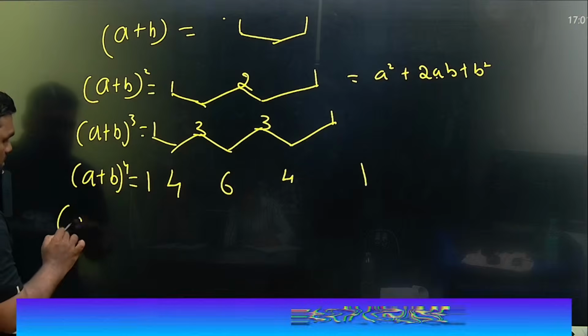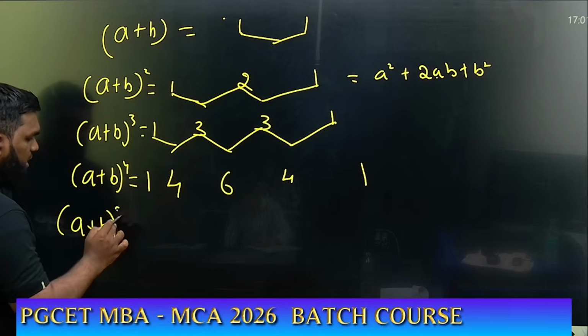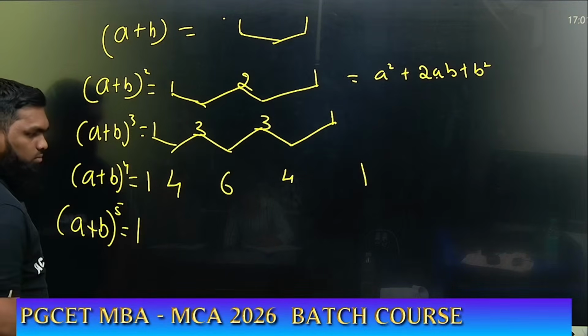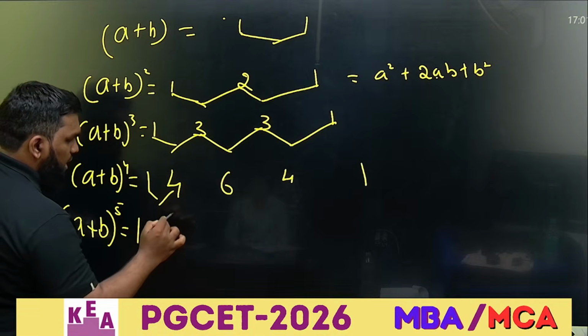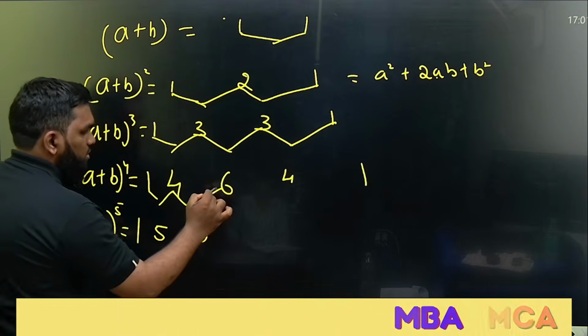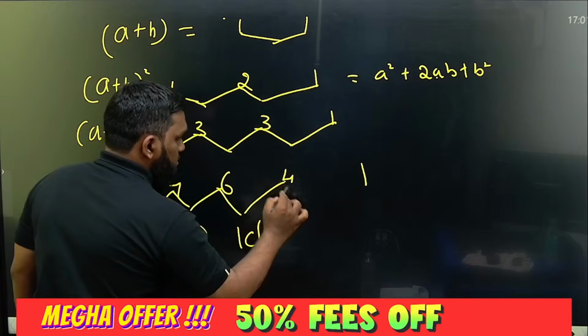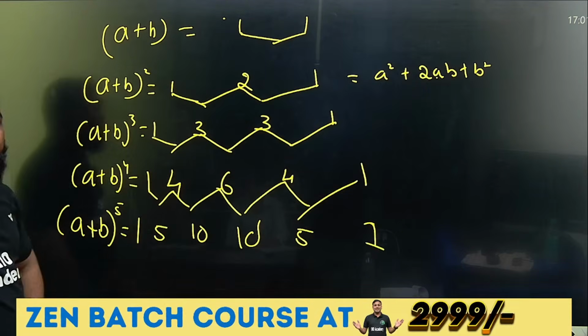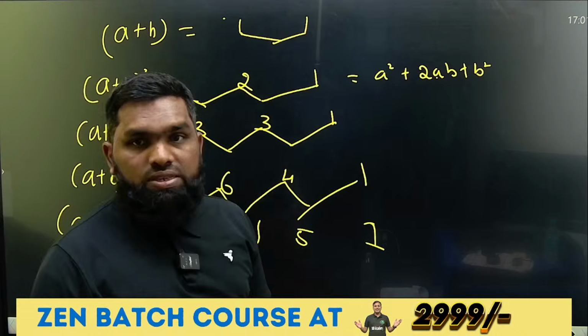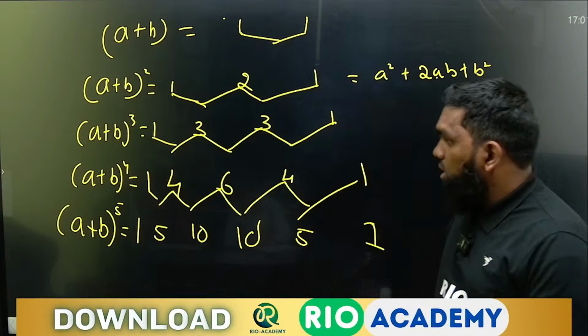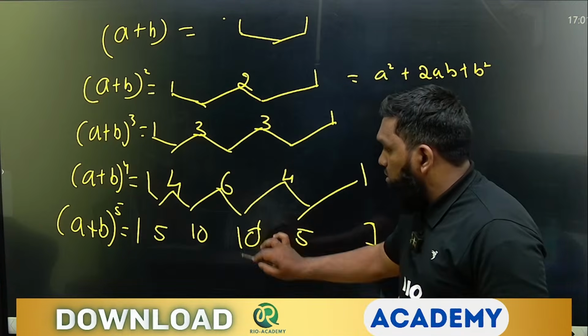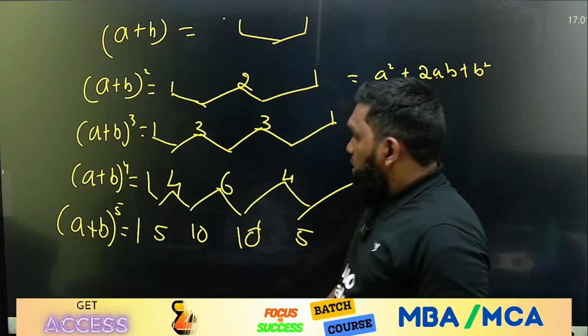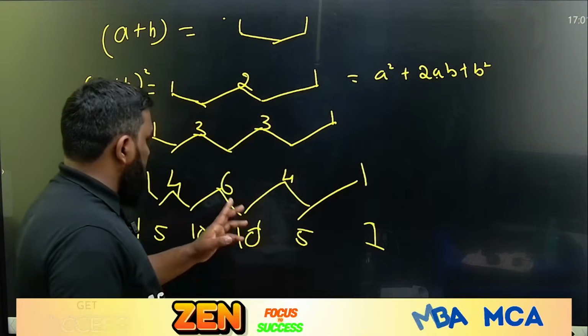Similarly, (a plus b) raised to 5 gives 1 plus 4 is 5, 10, 10, 5 and 1. That we call Pascal's triangle. Okay, now we know this: 1, 5, 10, 10, 5, 1.